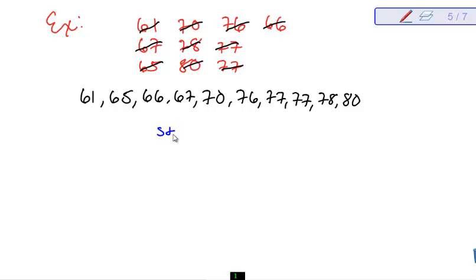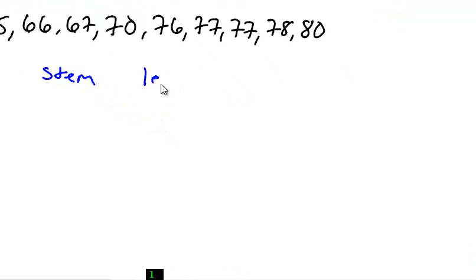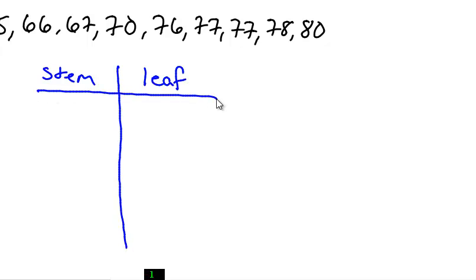So I'm going to have my stem and my leaf. If you notice, I go from the 60s to the 80s. So my stems are going to be 6, 7, and 8. This represents the 60s, this represents the 70s, and this represents the 80s.